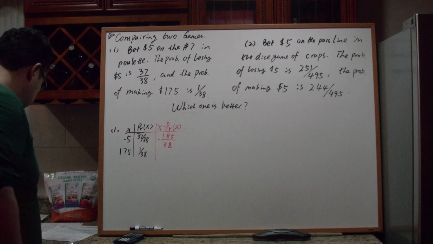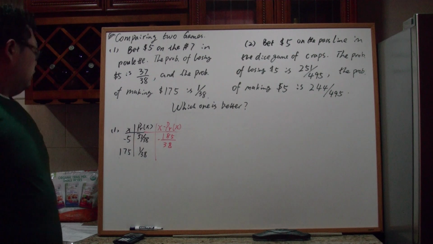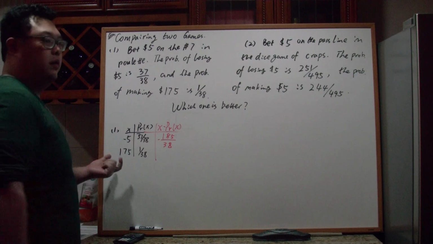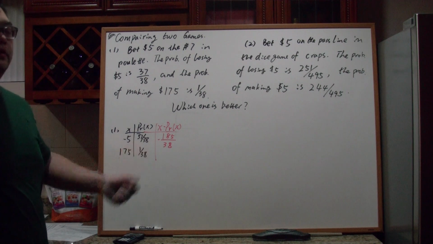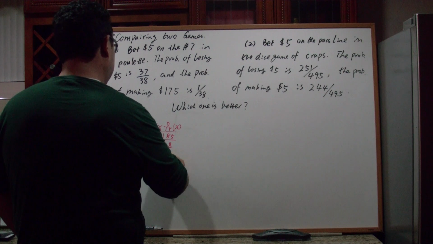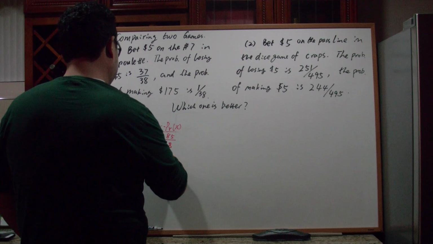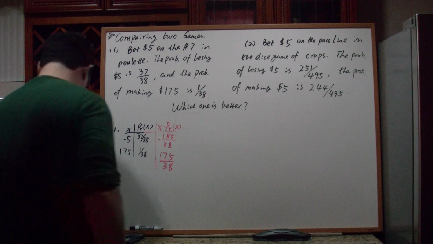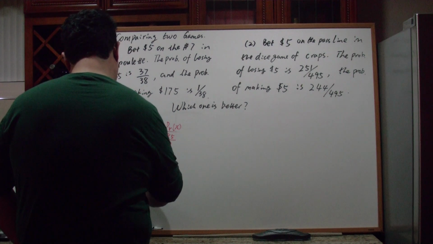And to win, that is $175 and the likelihood is 1 over 38, so that will be 175 over 38. Right, the expected value.